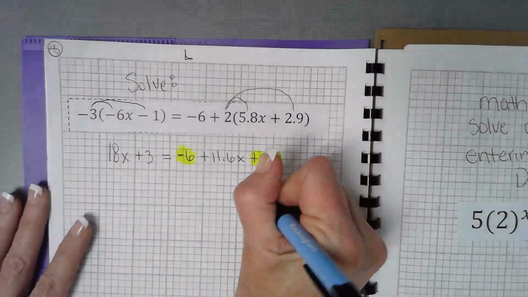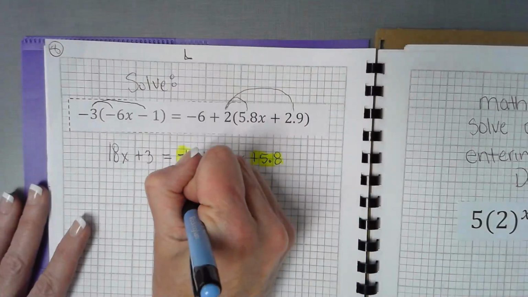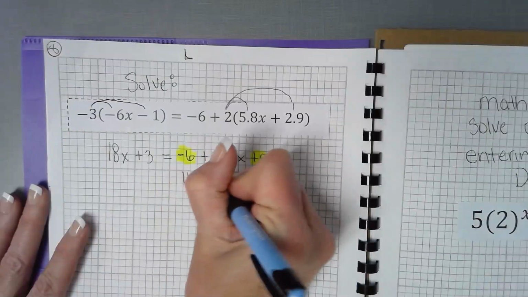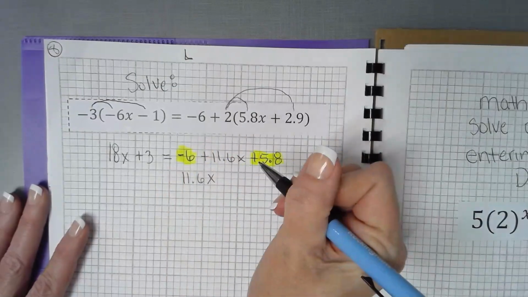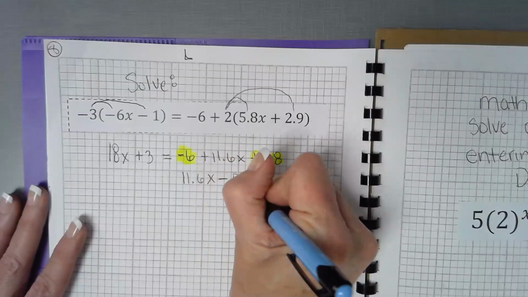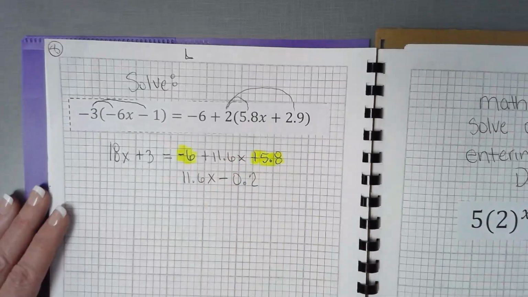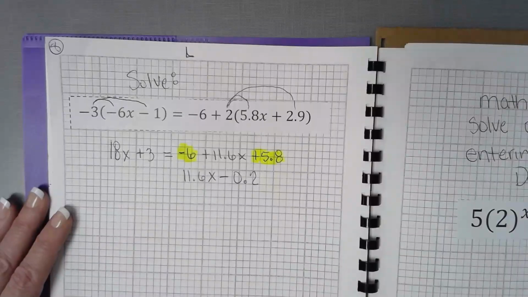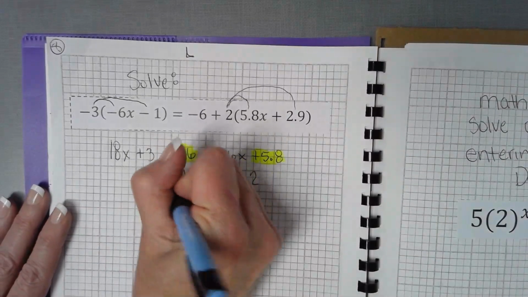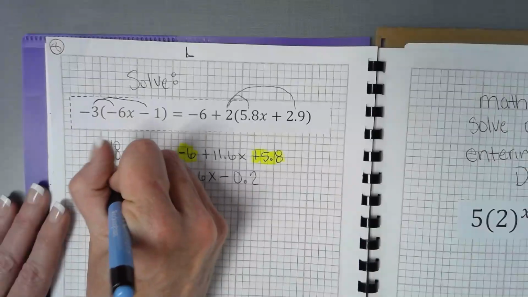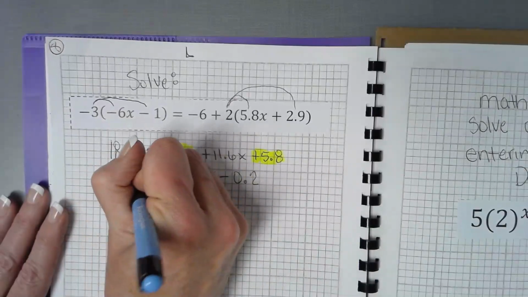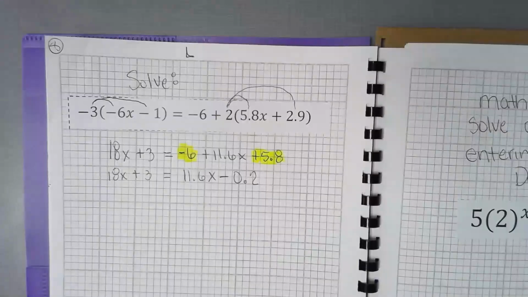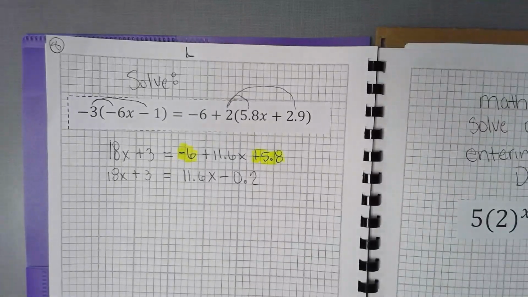Yep. So first thing I'm going to do is go ahead and write my 11.6x because I didn't mess with it. And you said negative 0.2, right? Yep, so those combine to give me a negative 0.2. I'm going to bring down my equal sign, bring down my 18x, and bring down my plus 3. All right, what's my next step?